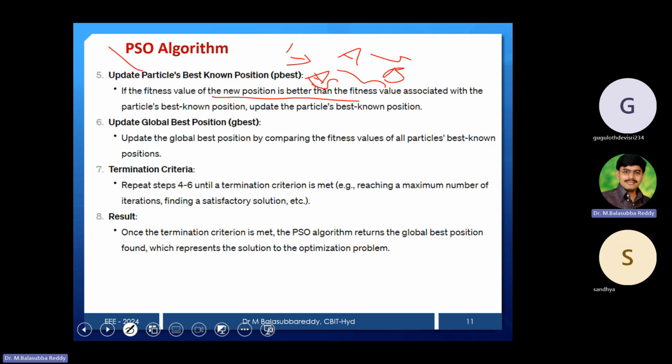Now the global best. Say four members, three or four, wrote the exam, with A, B, C, D grades. From here, the global best is A because this is the highest. The corresponding person is roll number one.